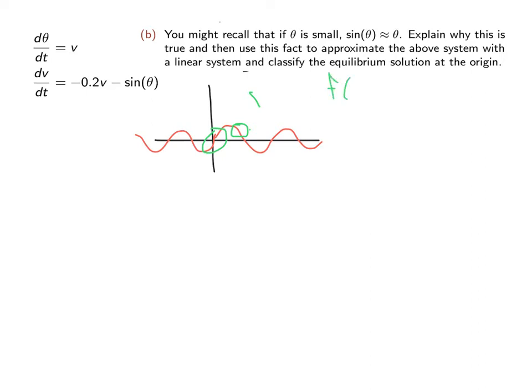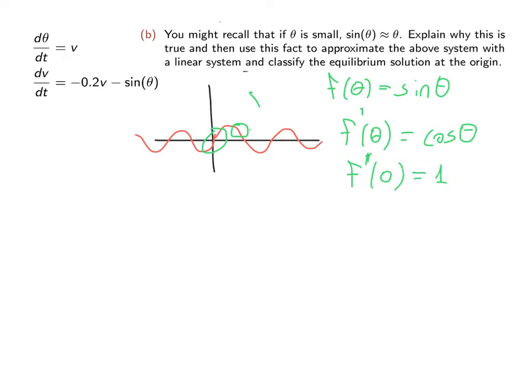Let me call this function f of theta. Then we want to give this tangent line the right slope. The derivative is cosine of theta, and if we evaluate that at 0, we get that the slope should be 1.